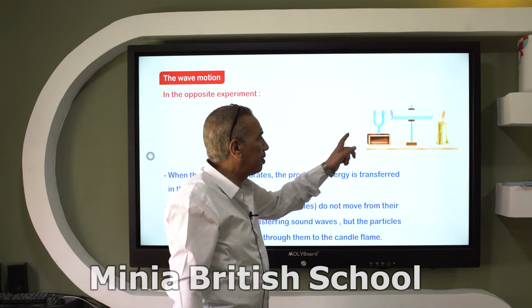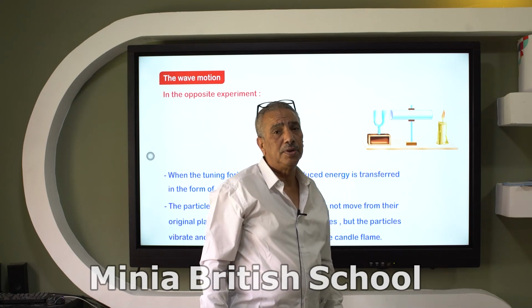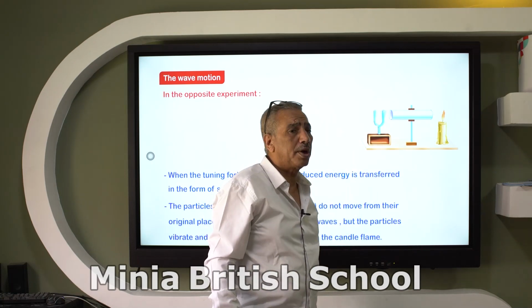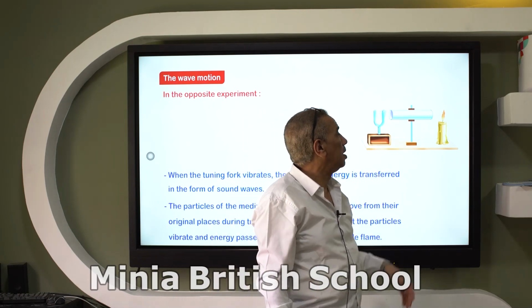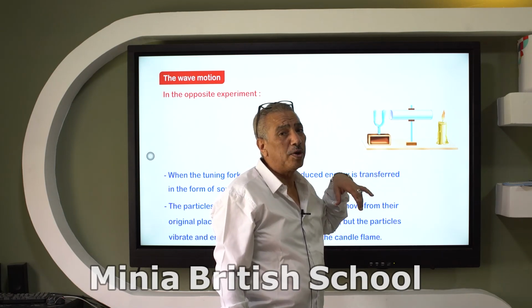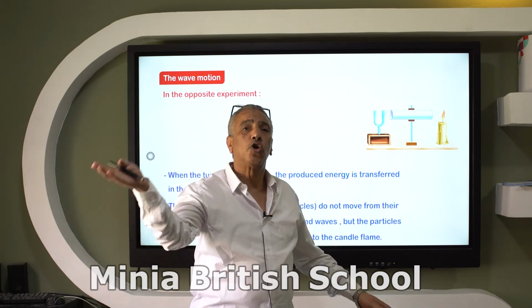Here, if we have the tuning fork and the lighted flame, by making the tuning fork produce sound, the sound will travel through the first opening of the tube till reaching the flame of the candle, vibrating it right and left.